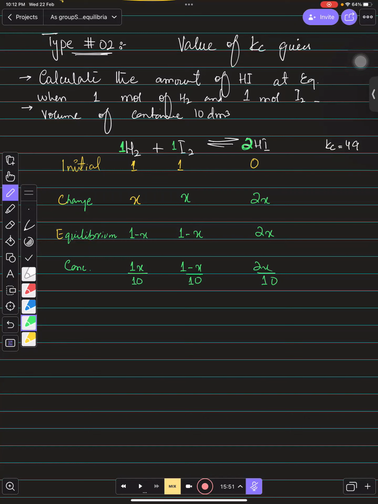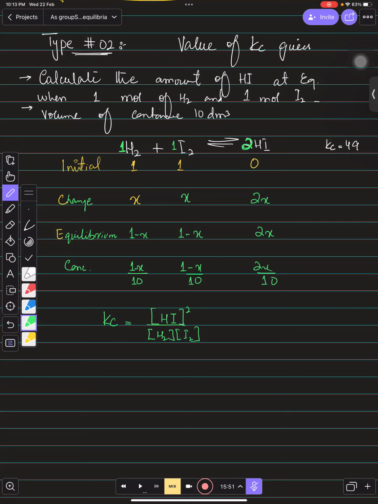Then we know the expression for Kc. It is all the time the concentration of products raised to the power of their coefficients over the concentration of reactants raised to the power of their coefficients. सर आप जो हाइड्रोजन के लिए आपने कंसंट्रेशन लिखी है, उसमें आपने 1 minus x लिखा है या फिर 1x लिखा है? Yes, it is 1 minus x.